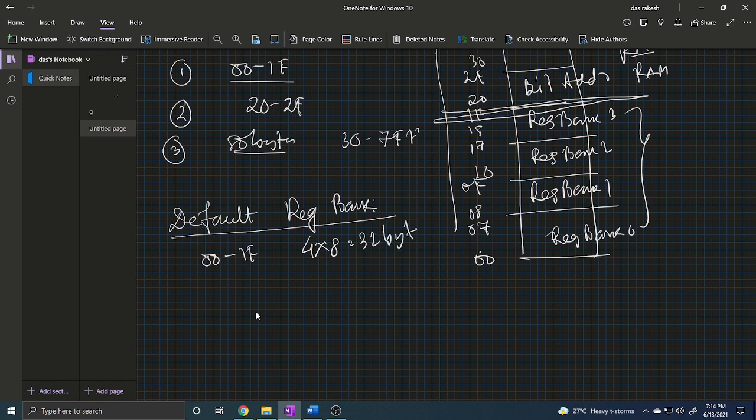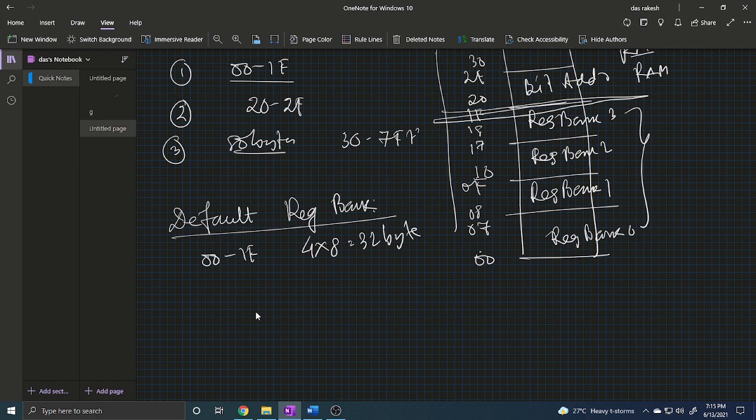So 00 to 1F is set aside for the 4 register banks. Which register bank, R0 to R7, is accessed when the 8051 is powered up? The answer is register bank 0 by default.